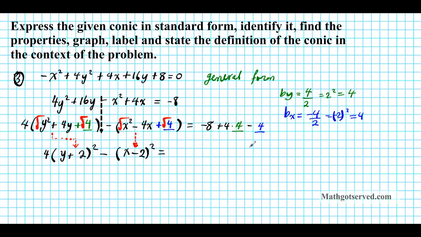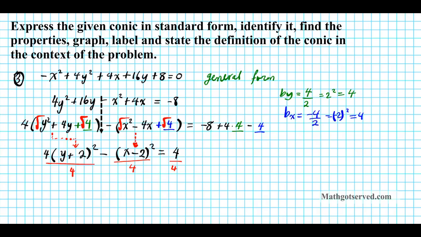Now on the right side of the equation, let's go ahead and simplify this. This is -8 plus 16 minus 4. That gives us +4. Now to get this into standard form, we just have to set it equal to 1. So what we're going to do is divide every single term by 4. Divide this by 4, divide this by 4, and divide that by 4.